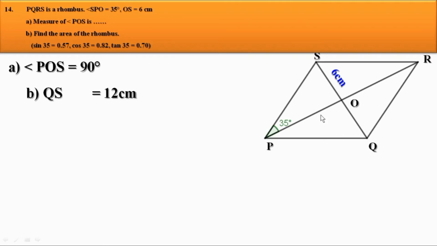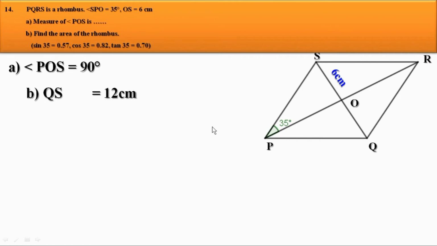Now the second diagonal is PR. To find it, let me consider the triangle POS. We know it's a right angle triangle. Based on the given angle 35, the given side OS is the opposite side and the side which we need to find, OP, is the adjacent side.